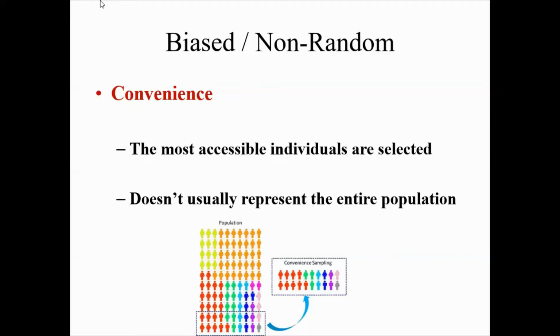But look at the sample that the person chose. You realize what was being chosen? The red and whatever was at the bottom part. So they actually missed out a whole heap of colors. That lighter purple one at the top, that orange, that yellow. Only some were chosen because they chose what was convenient to them, and it doesn't usually represent the entire population.